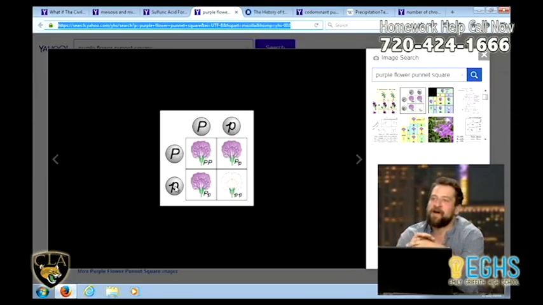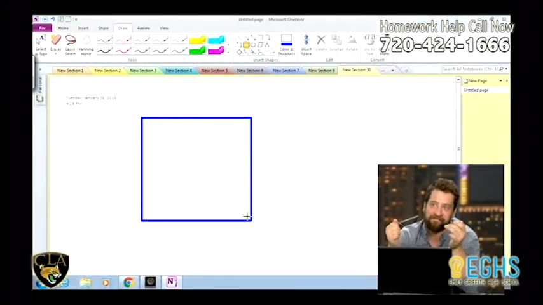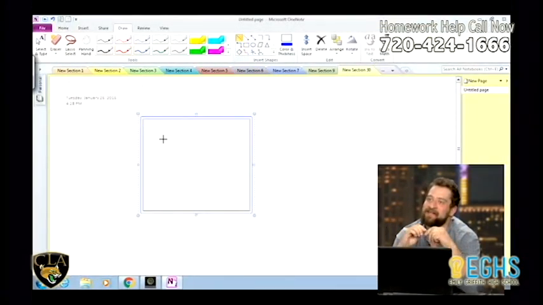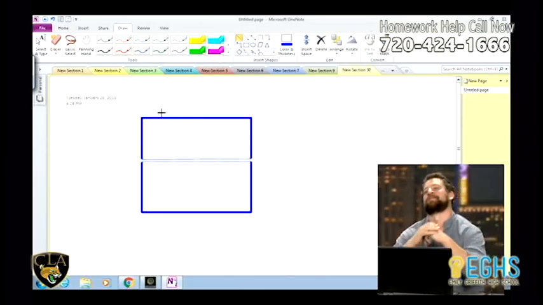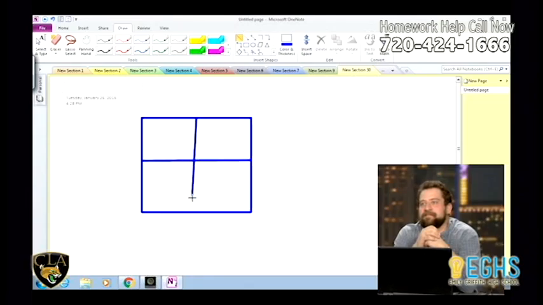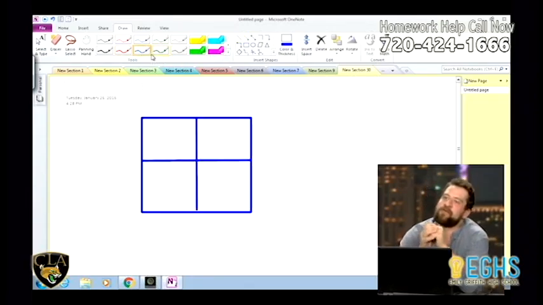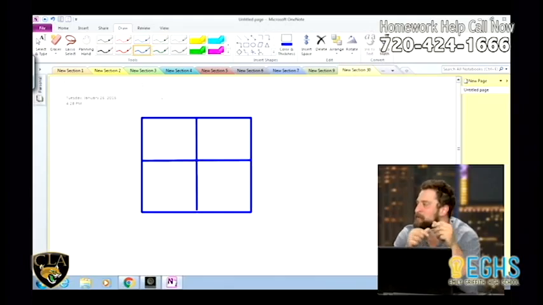This is going to be slightly different. In the Punnett Square that Nate's going to draw for us, we're going to have one parent that has two dominant alleles, and another parent that has one dominant and one recessive. Above the square, could you write a capital P, capital P?